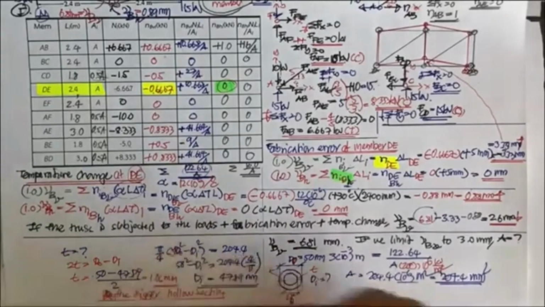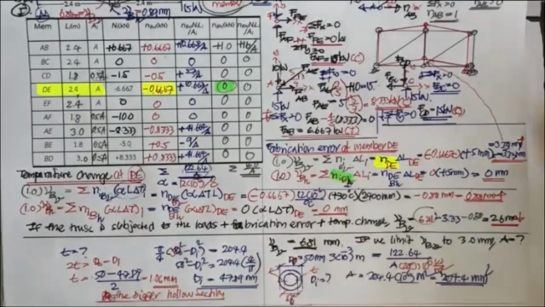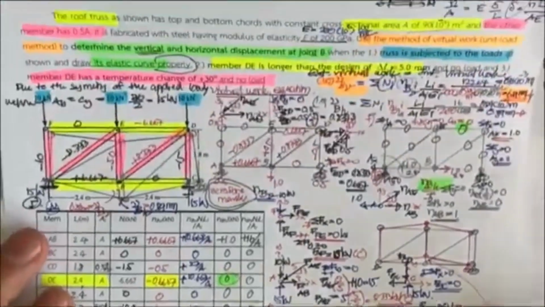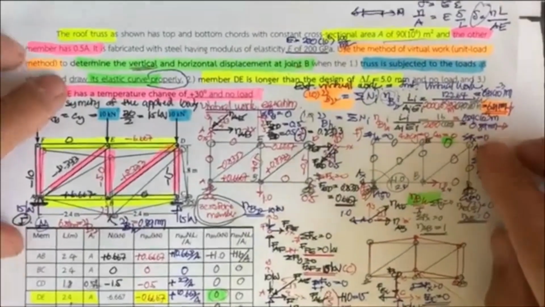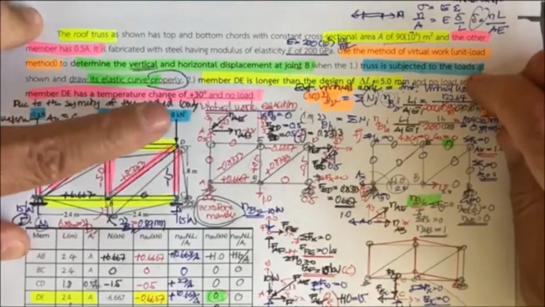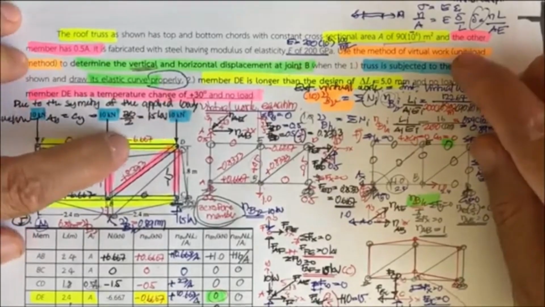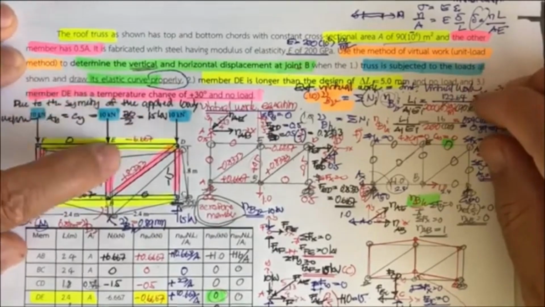So that is the end of this example that includes the deformation of the truss under the loads and under the fabrication error and the temperature change.